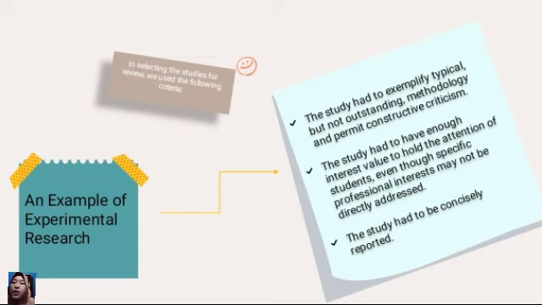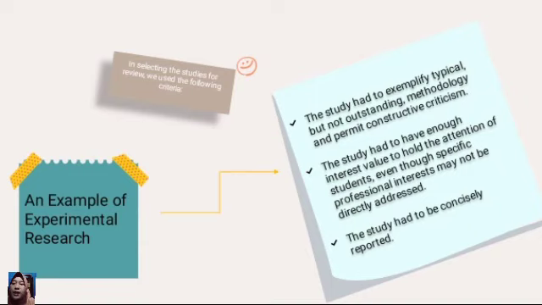Here there are some criteria that we can use for selecting the study for review. The first is the study has to exemplify typical but not outstanding methodology and permit constructive criticism. The study had to have enough interest value to hold the attention of students, even though specific professional interests may not be directly addressed.